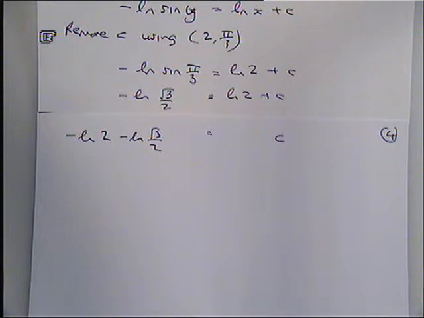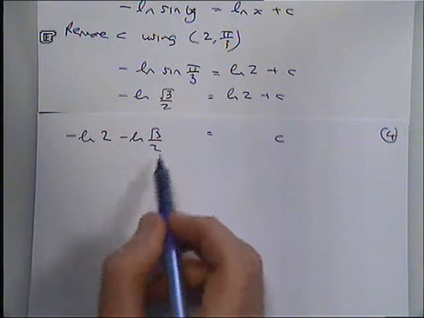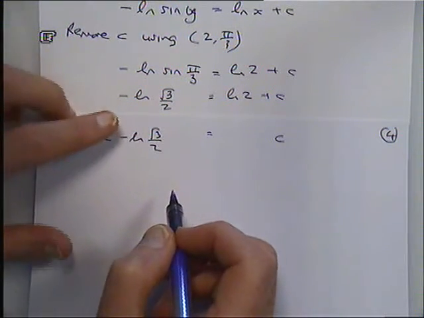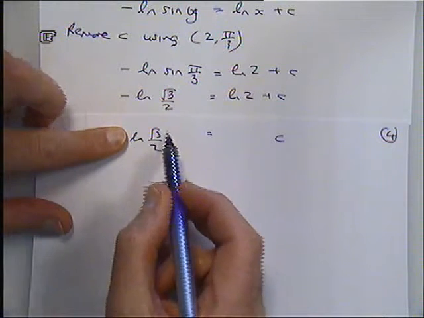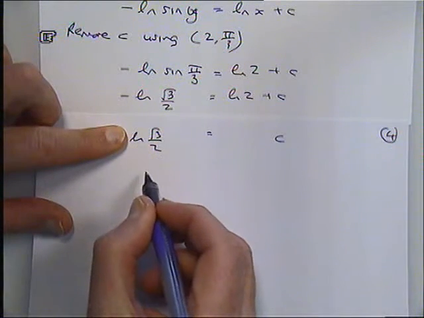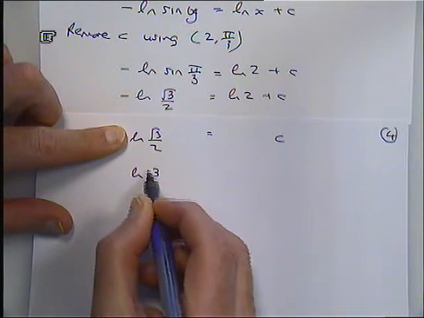Okay. What can I do here then? You can split the natural log into this one here. Minus root 3 over 2. Well, I'm going to cover up that minus sign for a minute. Just look at that bit. What can I make that bit, Corey? Natural log of root 3 minus natural log of 2.